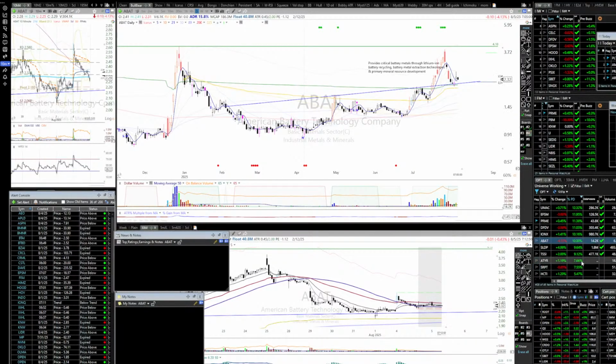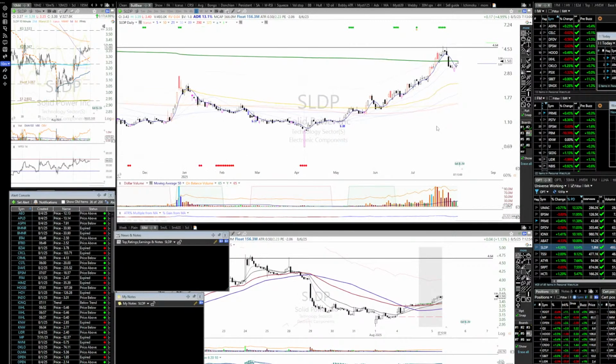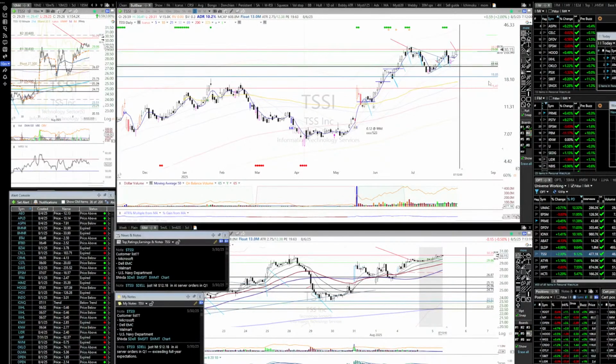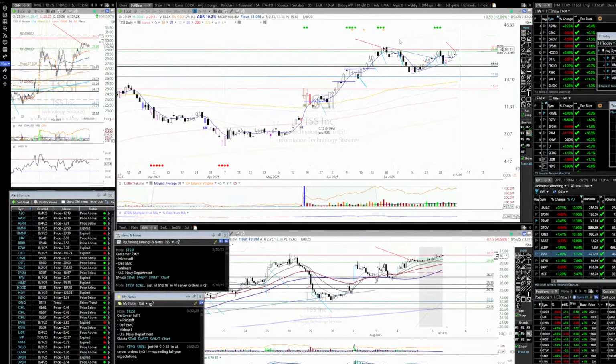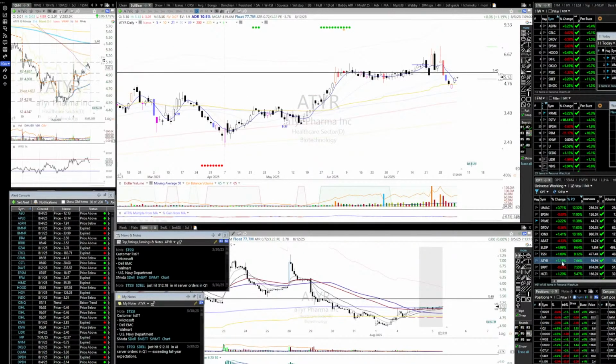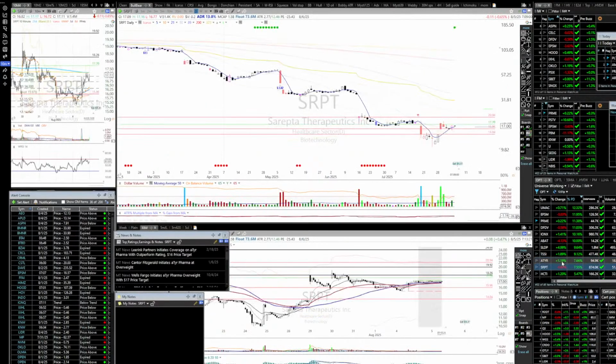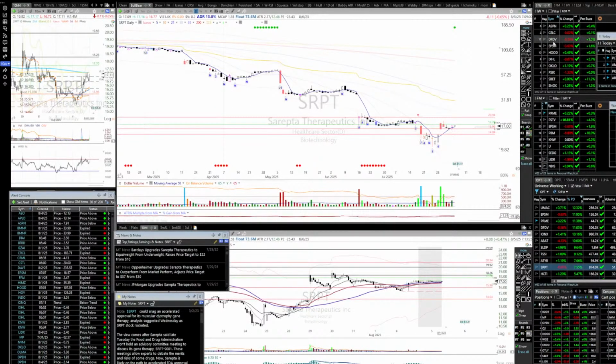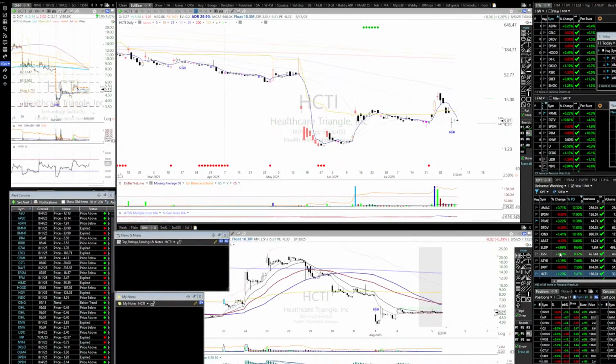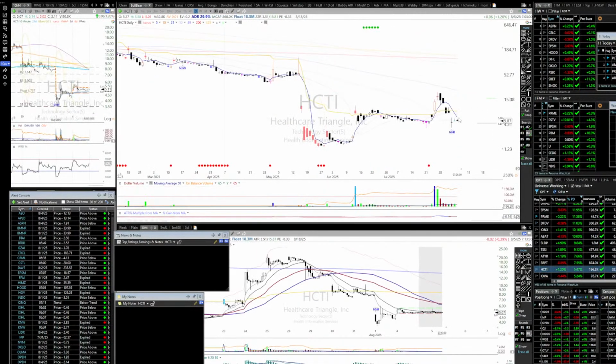I'm not sure what to do with this. Maybe... This one I love, but I can't trade it, right? It's earning soon. This one I don't really have here. I just had a split.